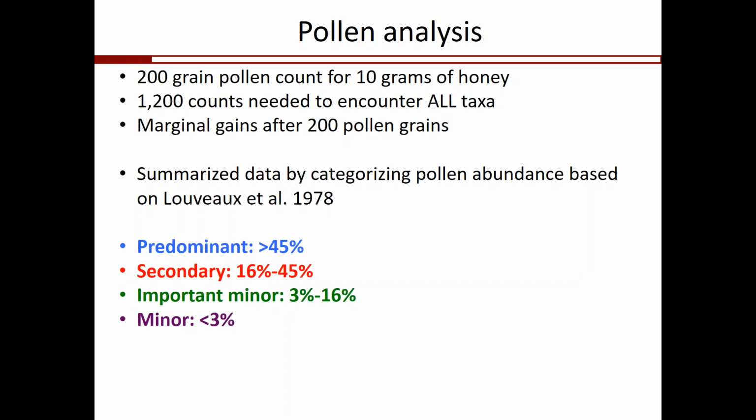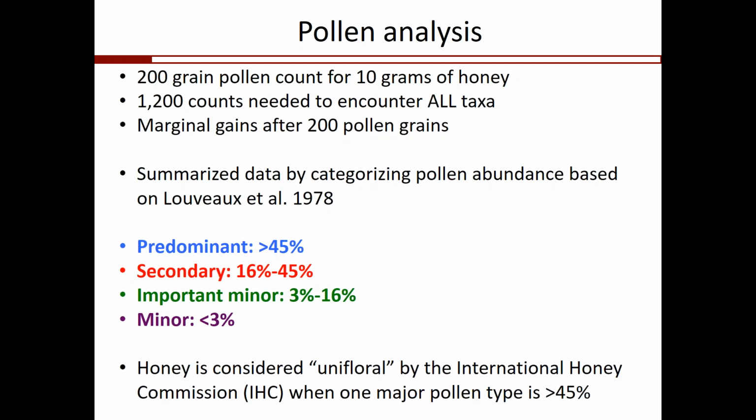So if you want to call something clover honey, it had to have over 45% based on that criteria. Secondary pollen types will have 16 to 45% of that particular pollen in the sample. And the important minors are 3 to 16%, and minor pollen types are under 3% of the pollen in the sample. And once again, honey is considered unifloral by the IHC when you have a pollen type that's represented at over 45%.